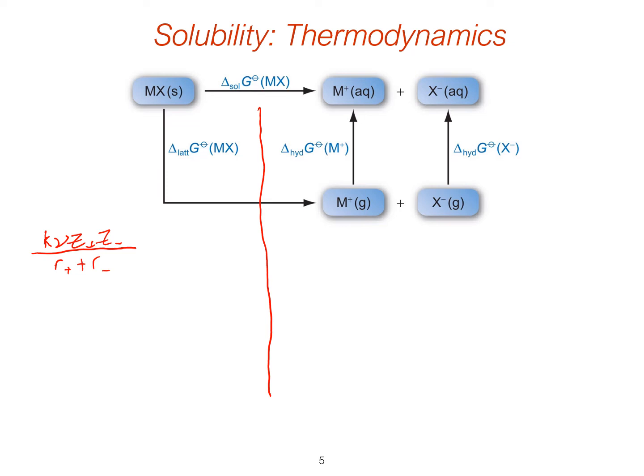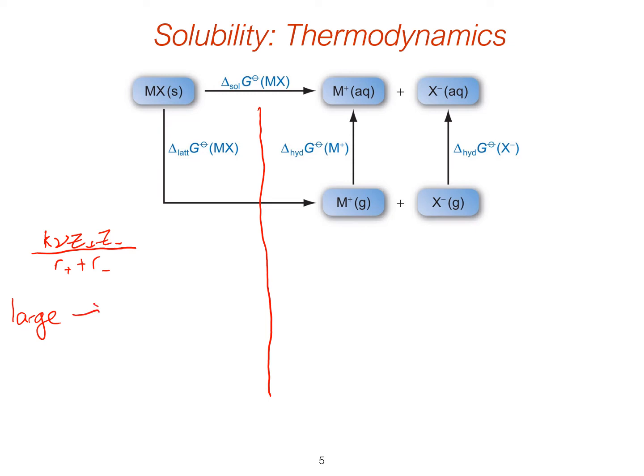So we've already seen that the trends in solubility depend on whether the cations and anions are large or small. So let's see how that affects this term. If you've got large ions, then this term on the bottom, R plus R minus, will be really big, and therefore we're dividing by a very large number.